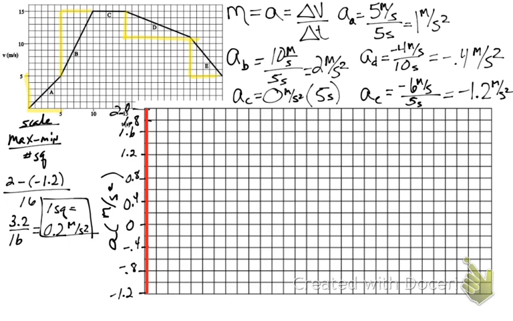So I'm going to write this in red so we can see it. 5, 10, 15, 20, 25, 30, and label your axis. Time in seconds.